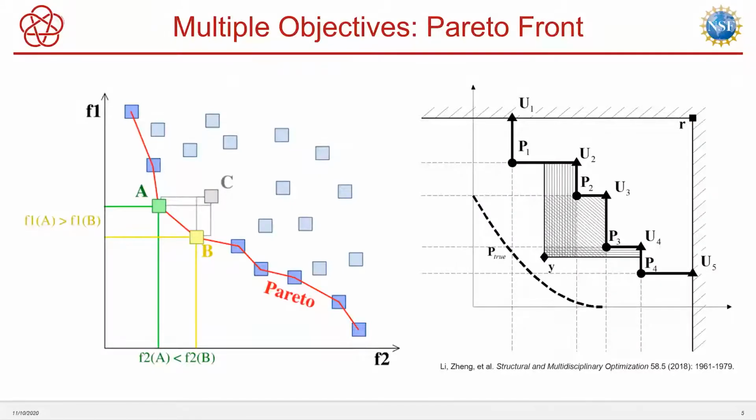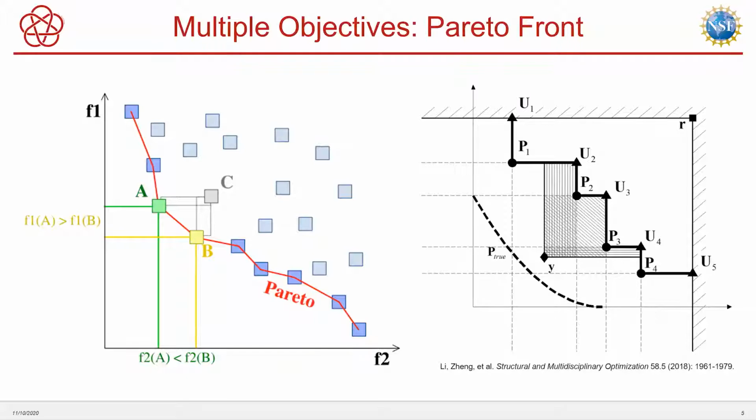Our objective in multi-objective optimization is to find what's known as the Pareto front. The Pareto front is a set of points that ideally trade off between objectives. So on the plot here on the left, I show two objectives, F1 and F2, which we both wish to minimize. And the Pareto front essentially tracks the dominant points, i.e. the points that are better than all of the other possible measured points, or at least as good, and then better in one objective than any other point.